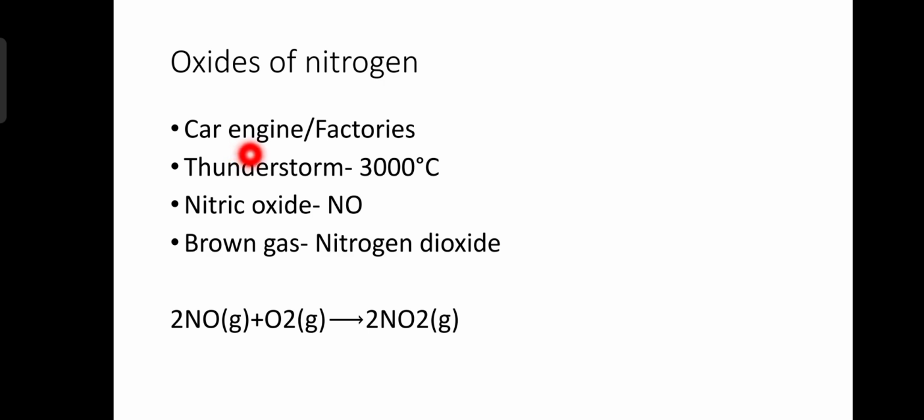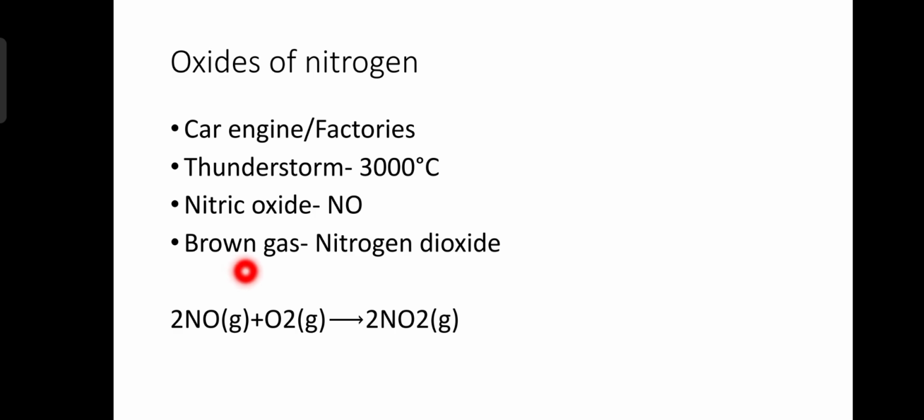When the temperature is high, nitrogen reacts with oxygen and oxides of nitrogen are produced. Then this nitrogen monoxide reacts further with oxygen present in the atmosphere and we get nitrogen dioxide.